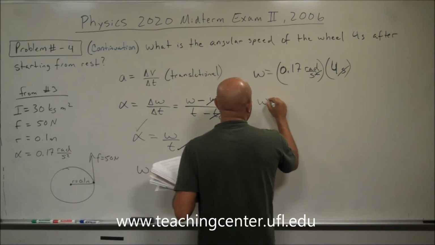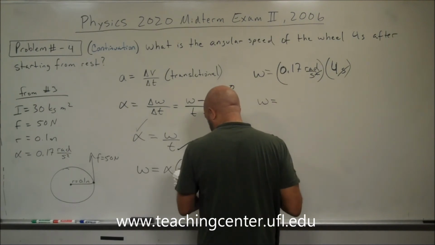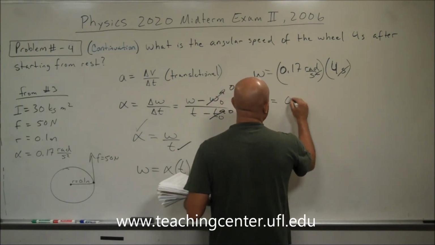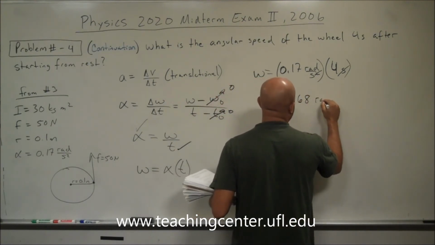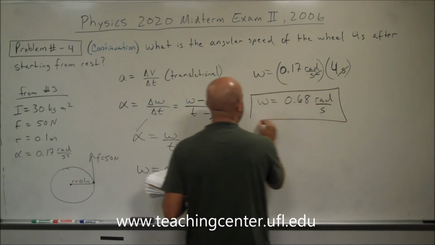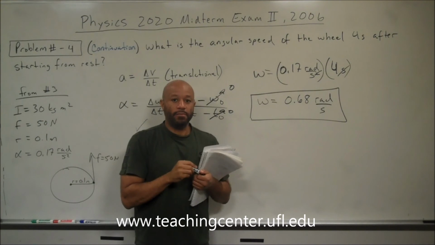When we work this out, our angular velocity is equal to 0.68 radians per second. And that's the solution.